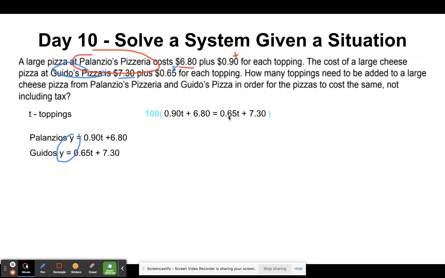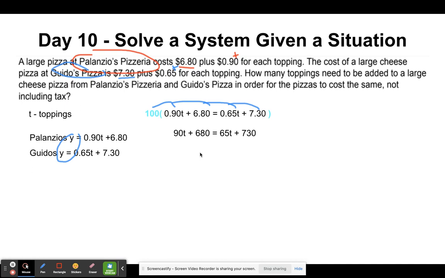If I multiply 100 times all of these, once I distribute that to all these terms, it's going to get rid of that decimal. Then I end up with just 90t plus 680 equals 65t plus 730, so I don't have to deal with decimals.